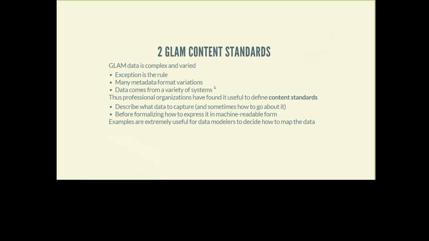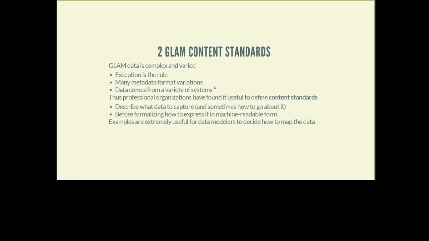Now, in the next three sections, we'll look at various aspects of GLAM data. We start with the so-called GLAM content standards. Because GLAM data is complex and varied, professional bodies like, let's say, the International Council of Museums or the ICA, International Council of Archivists, find it useful to first of all define standards about what information should be captured about objects before describing how it physically should be laid out.